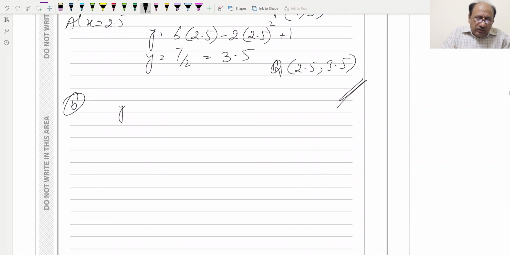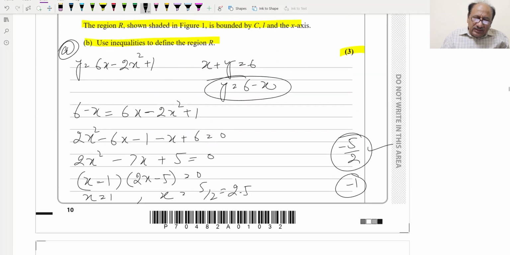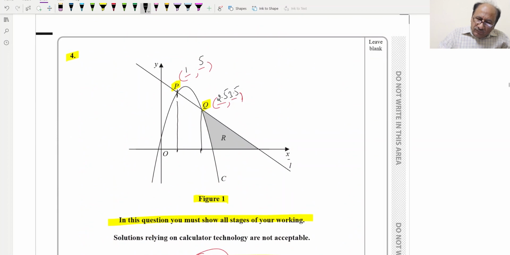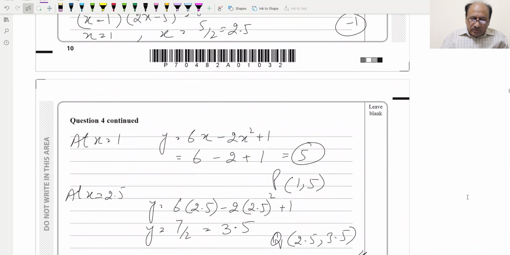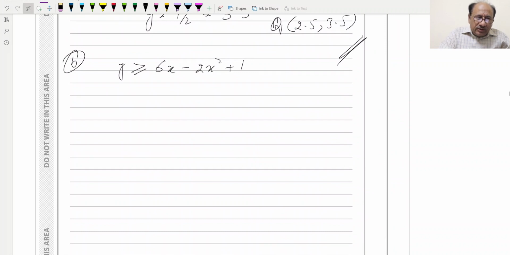So we'll write y is greater than or equal to 6x minus 2x squared plus 1, and lesser than the equation of line L. So region R is lesser than the straight line equation and greater than the quadratic equation. So we'll write x plus y is less than or equal to 6.